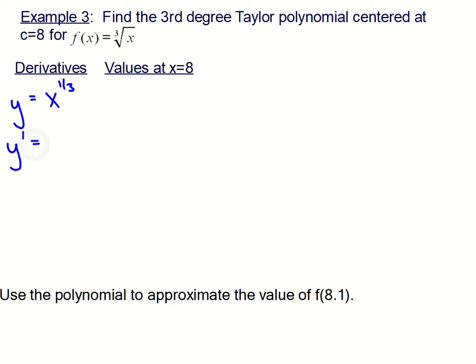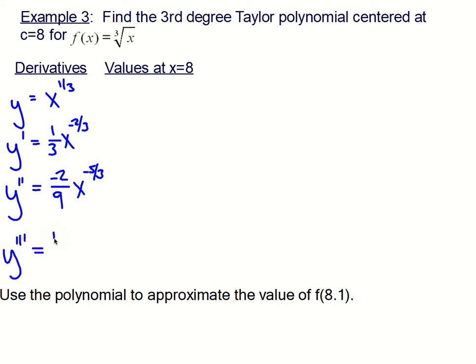The first derivative would be 1/3 times x to the negative 2/3 power. The second derivative, just power rule, I would end up with negative 2/9 times x to the negative 5/3 power. And then the third derivative would be positive 10/27 times x to the negative 8/3 power.